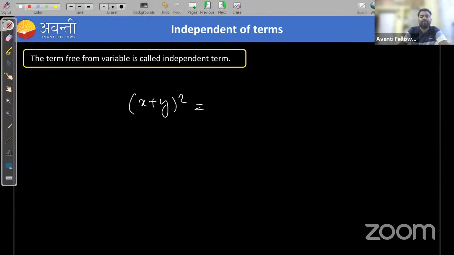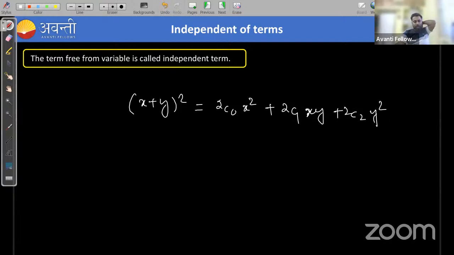So this will be 2C0 x square plus 2C1 xy plus 2C2 y square.